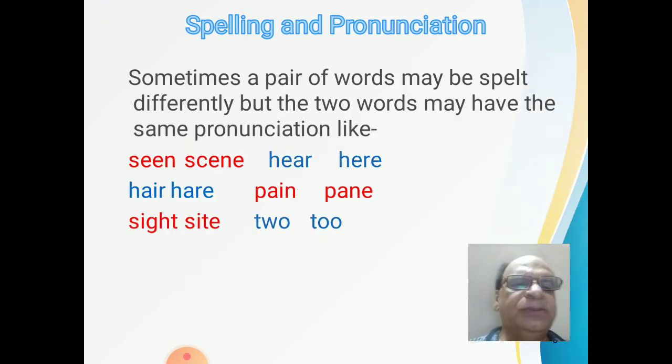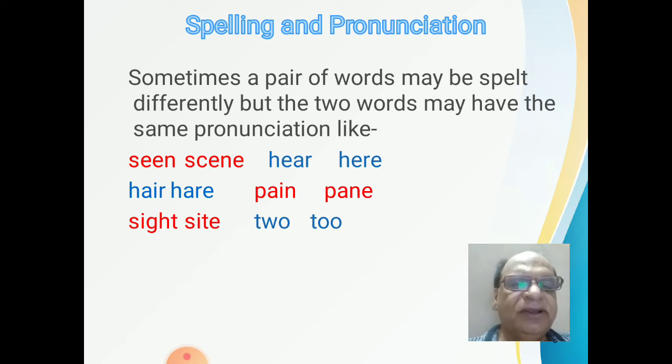Now, sometimes what happens, a pair of words may be spelt differently, but the two words may have the same pronunciation. Look at this pair of words. Spelling is different, even the meaning is different, but the pronunciation is the same. Look at these examples. Seen and scene. You will pronounce in the same way.